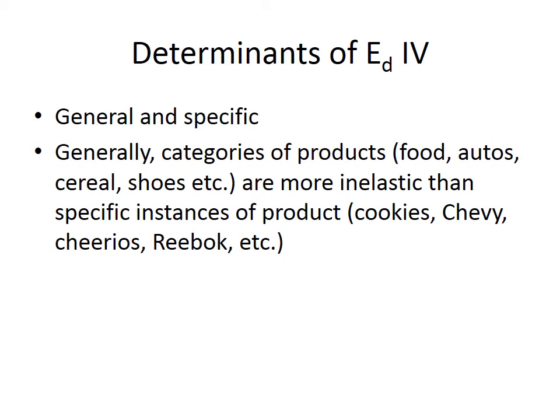Now within those sub-general categories, the sensitivity starts to go up a little bit. If they raise the price of beef too much, I'll eat fish. If they raise the price of cereal, I'll eat bananas. You see what I'm saying?